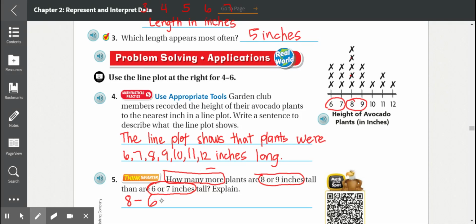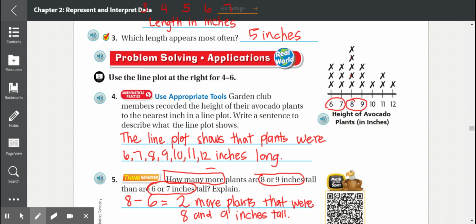So 8 minus 6 equals 2. So we know that there were 2 more plants that were 8 and 9 inches tall.